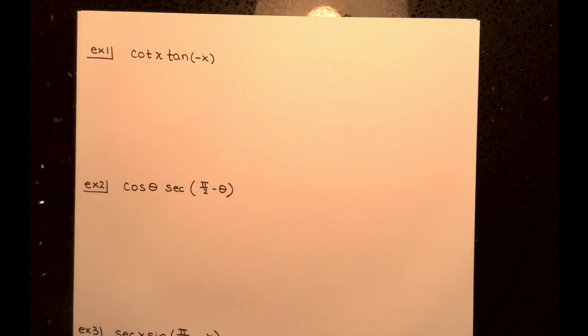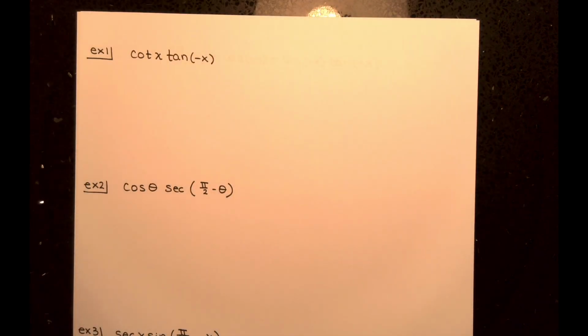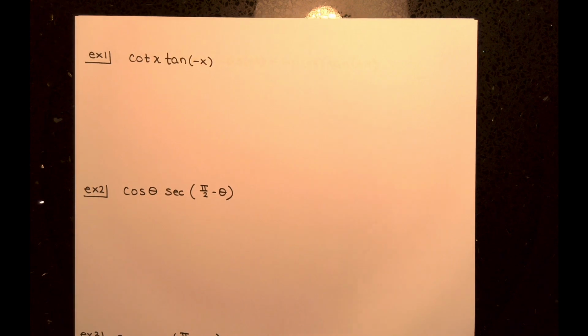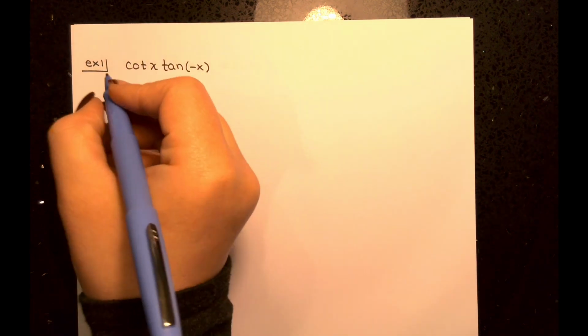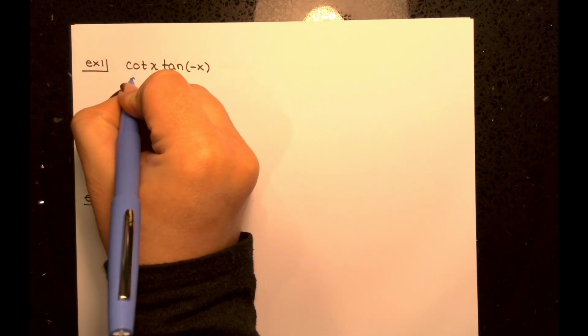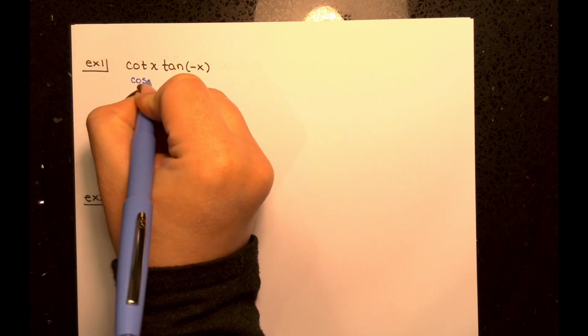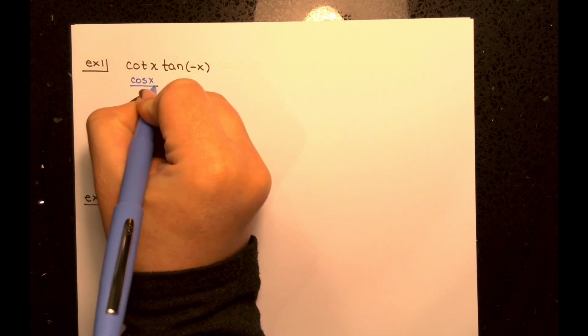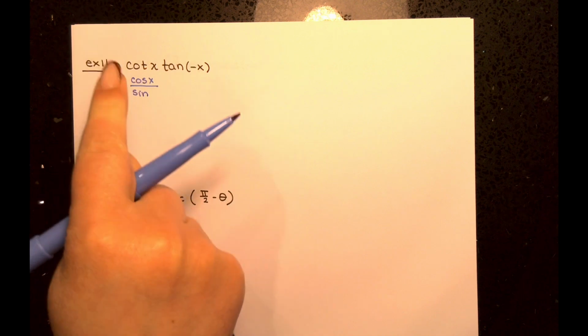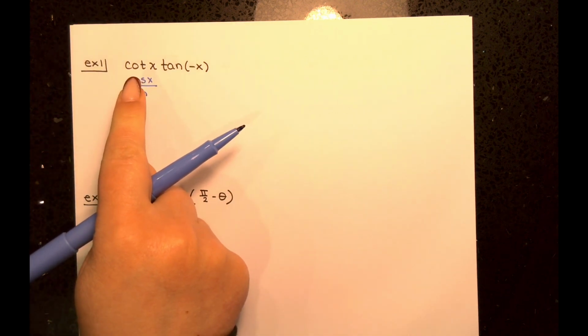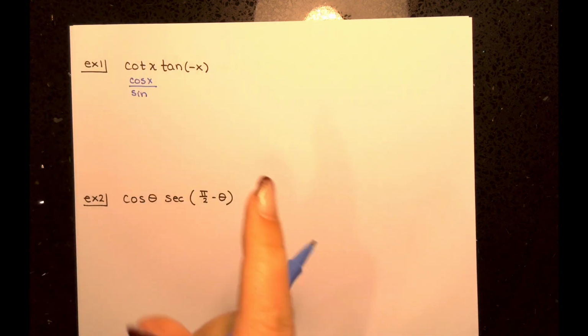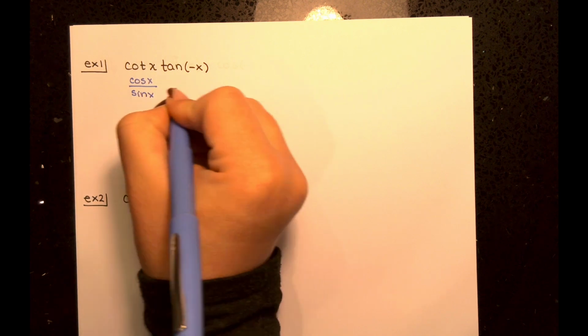Let's say we have cotangent, and I'm going to keep this handy, so don't put that away too far. So cotangent of x is cosine over sine. Now you can use the other identity, the reciprocal identity here, which might probably be easier. I might show you that.